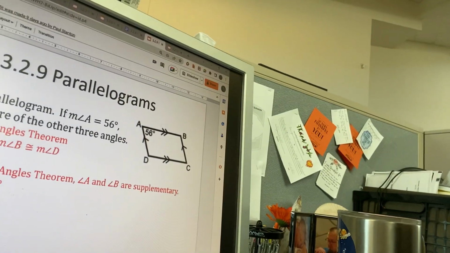Okay, slide number 4. And this one's a sample problem. It says ABCD is a parallelogram. Angle A is 56. Find the measure of the other 3 angles. So anytime we have consecutive angles, we're dealing with A and B or A and D as you're looking at this, then those are going to add up to 180.